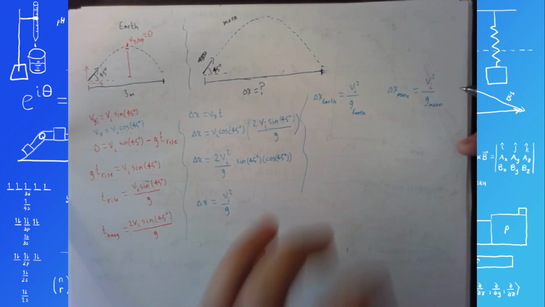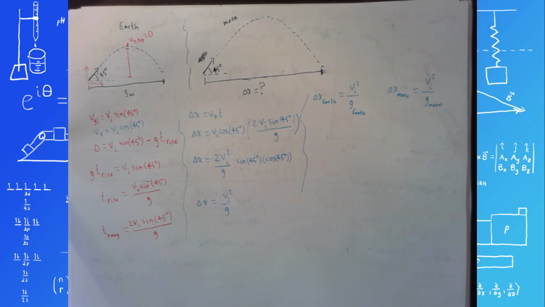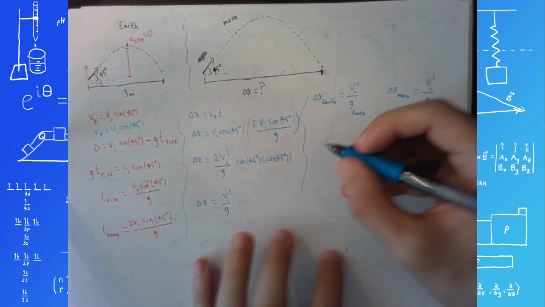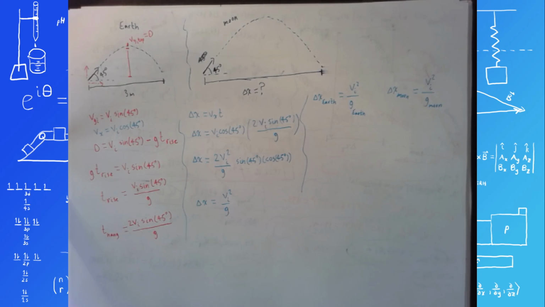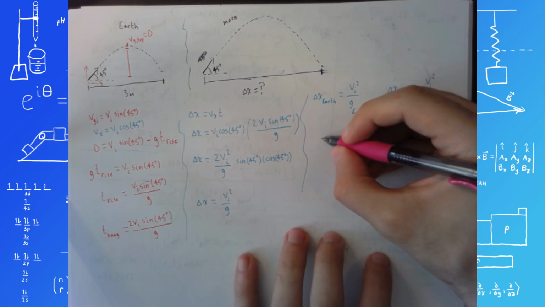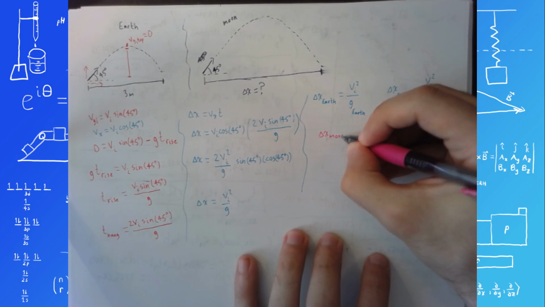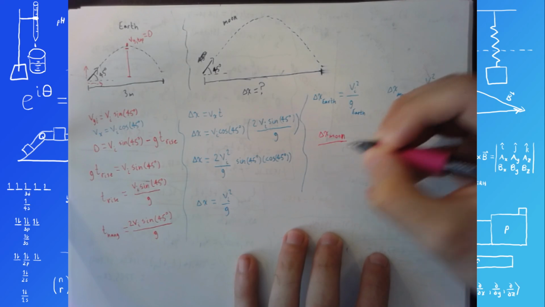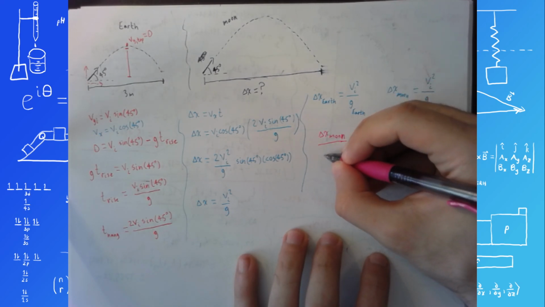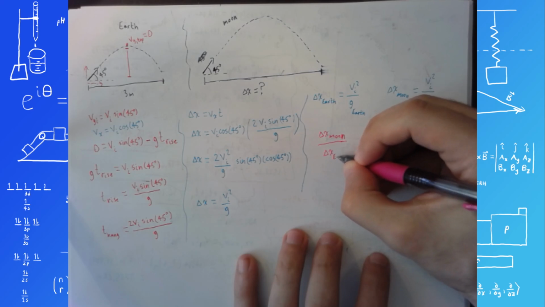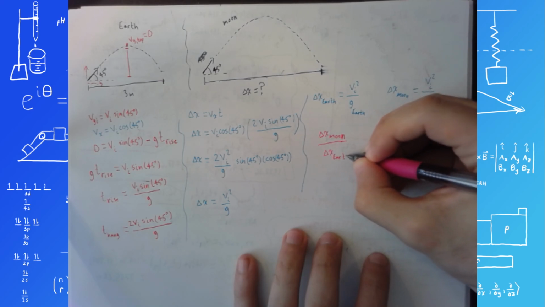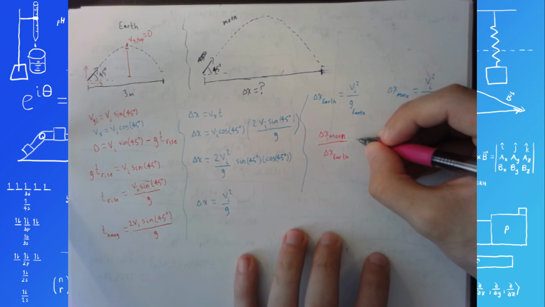And if I want to calculate the ratio between them, delta x moon over delta x Earth, then all I need to do is divide these two.